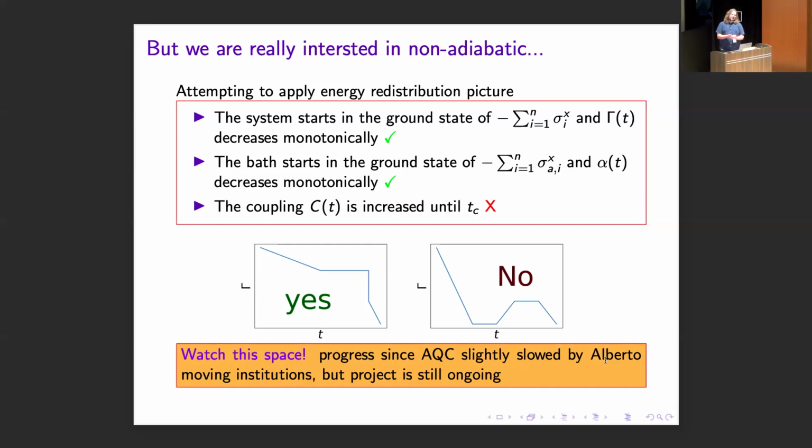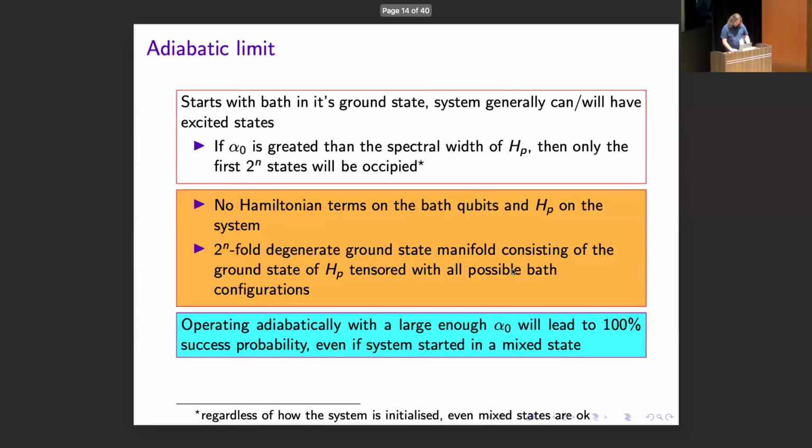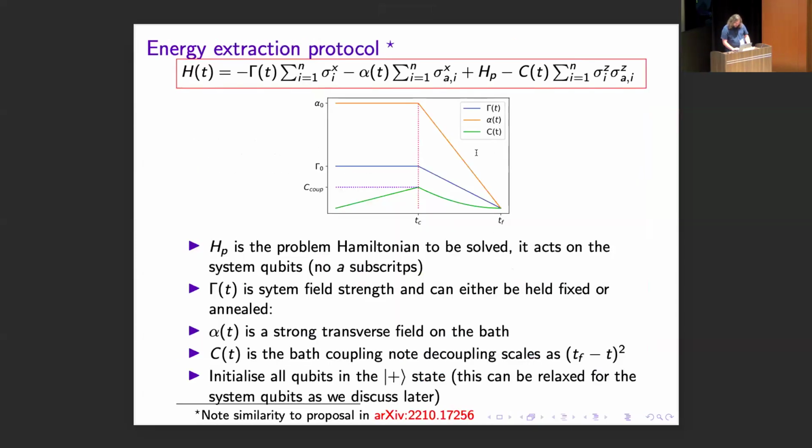And you can almost apply this energy redistribution picture. The only place you're introducing energy back into the system is when you couple the bath to the system. So when you turn on this term here, which couples the system to the bath, you have the bath of the transverse field, you have coupling between the system and bath, you have the driver Hamiltonian and the problem Hamiltonian.